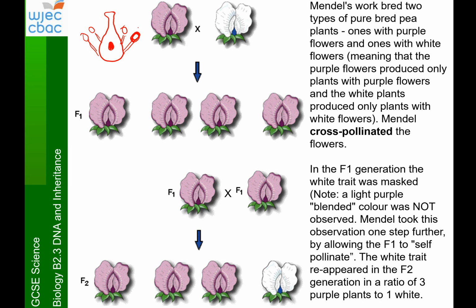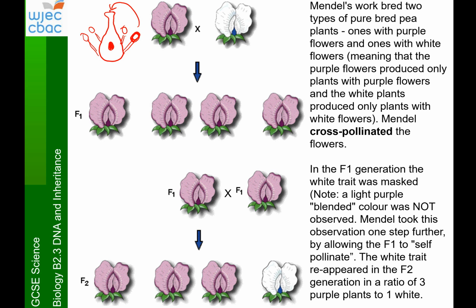So for pollination to occur, we want to get pollen to be carried from here onto the stigma. And pollination that you learnt about in year 9 can happen either by insects carrying that pollen or by wind. So Mendel had to do this himself. He used a paintbrush to take the pollen from the anthers, this part here, and to brush it onto the stigma.